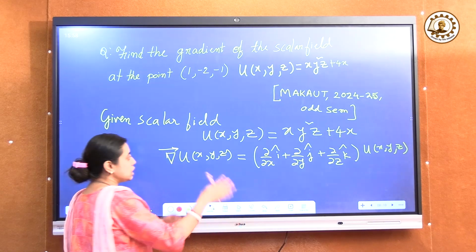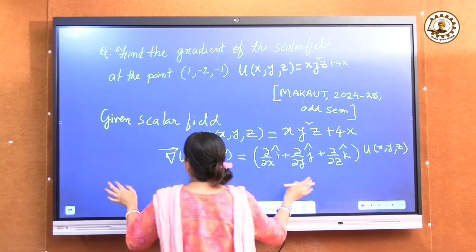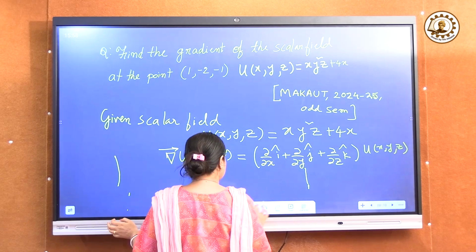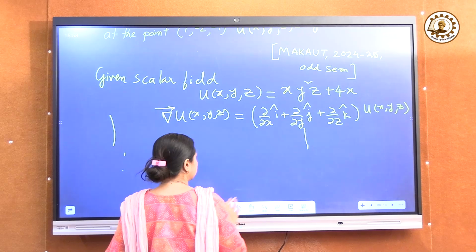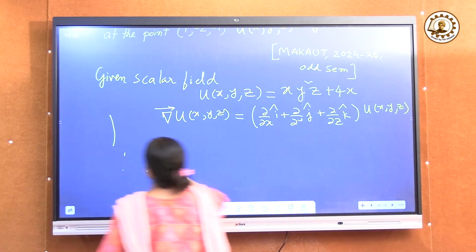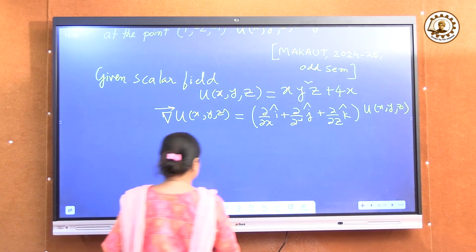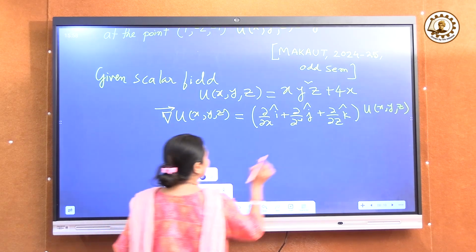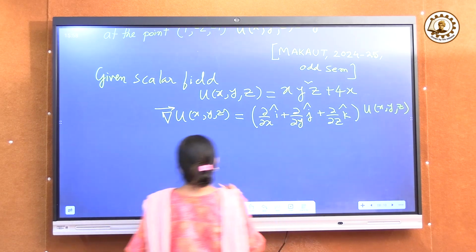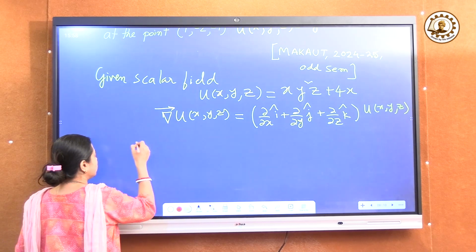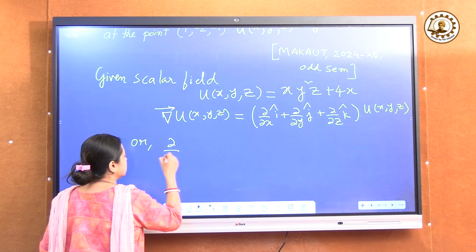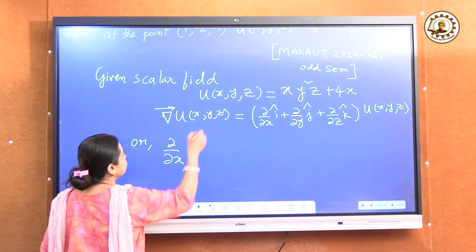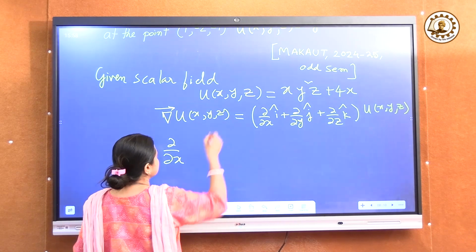Now, if I am doing this multiplication, I will be taking the product of this equation. Therefore, del of U(x, y, z) is what?